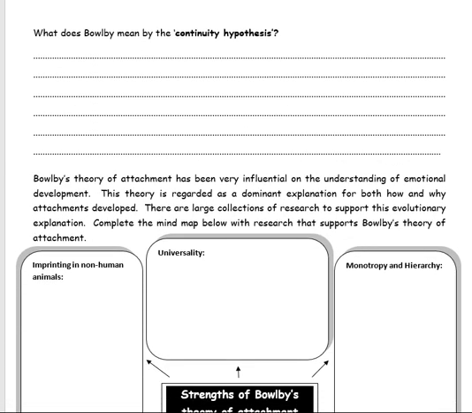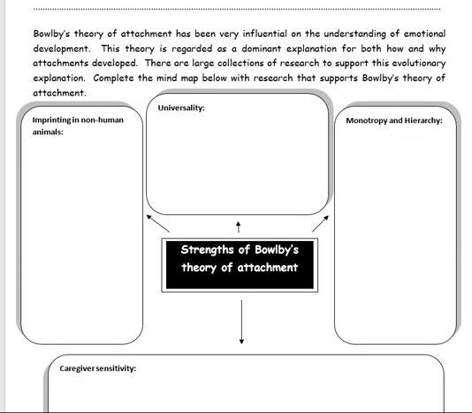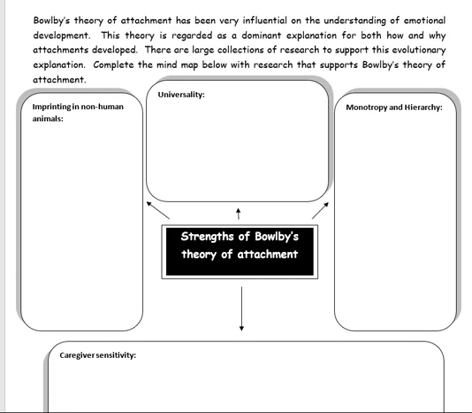We've got some of the key terms there, and one of the things here that's quite useful is that you can look at some of the strengths of the theory. So, for example, one strength is it clearly shows the importance of monotropy, and you can bring in some research there to support that. Caregiver sensitivity, again, it clearly shows the importance of that.